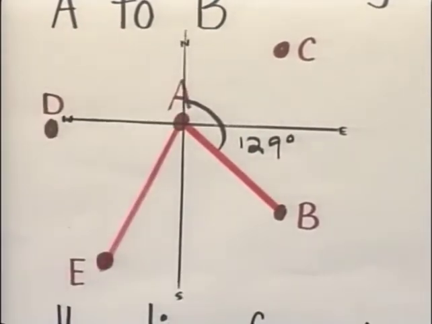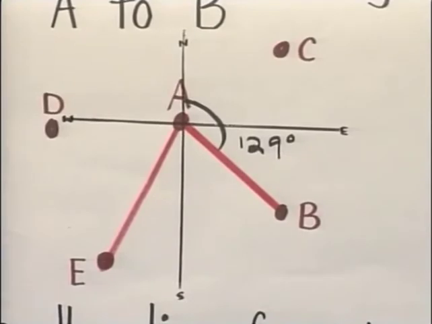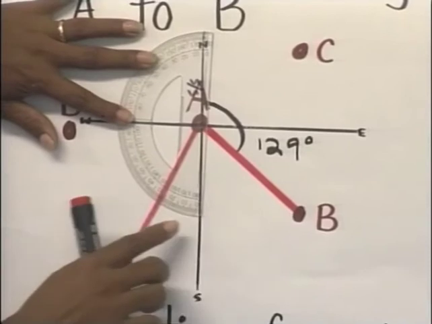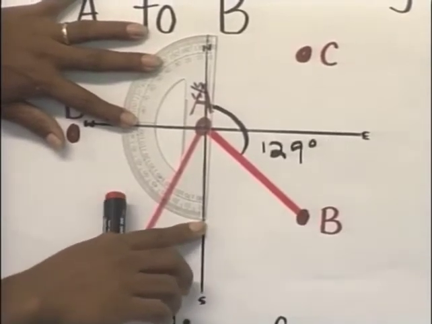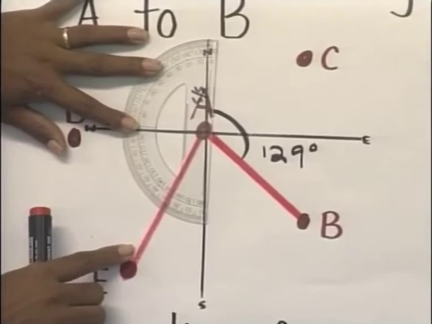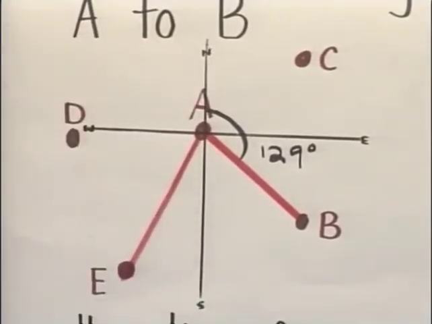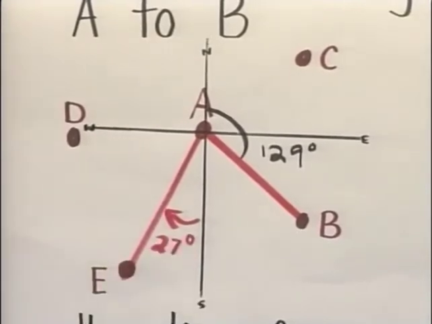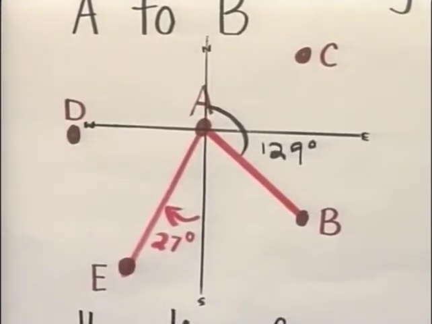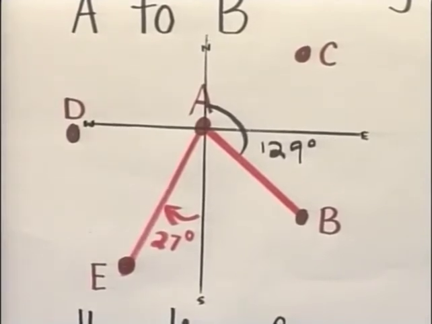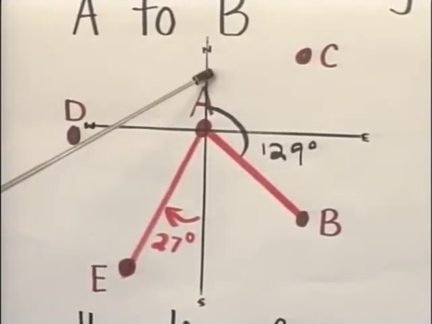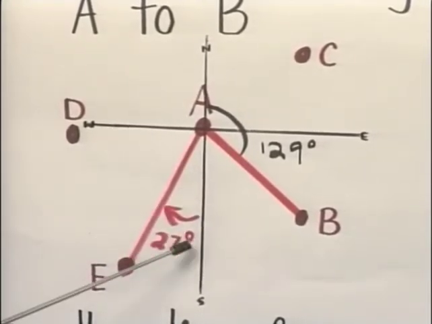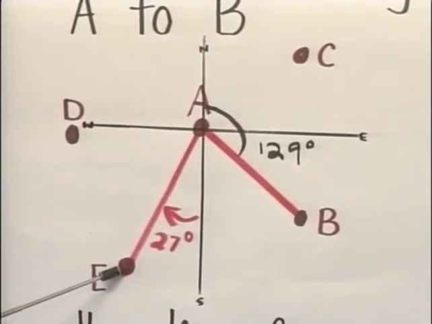I draw in this line so that I can use it to calculate the bearing accurately. I'm trying to find the bearing of A to E. I put my protractor again, similar to what I've done on the other side, and then I will measure from 0 to 27. That is about 27 degrees from my measurement. From this point to that point, 27 degrees, but that is not the answer, because from this point all the way to here is 180, and from this point only to that point is 27.